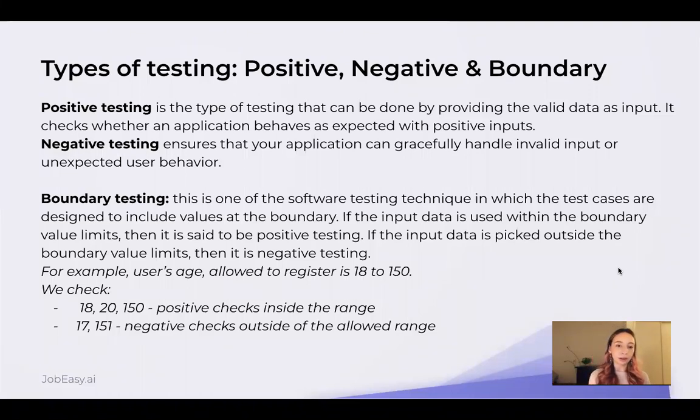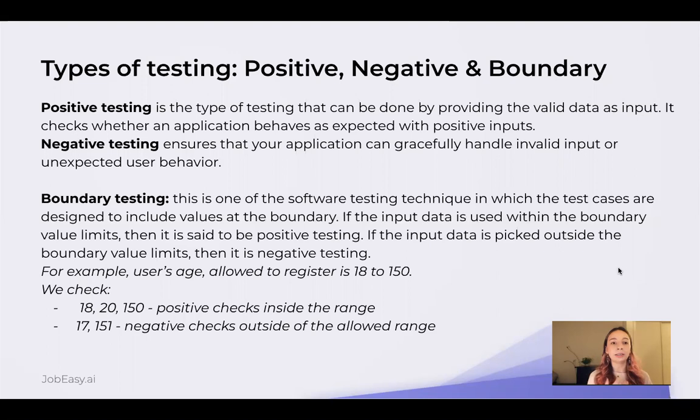This user can log in. And when you go, for example, to user profile, you see correct first name, correct last name, correct email, and so on. Right? You are obviously verifying that password is correct simply by entering it when logging in as well. So positive testing: we do positive inputs, and we verify that the application handles it as expected.